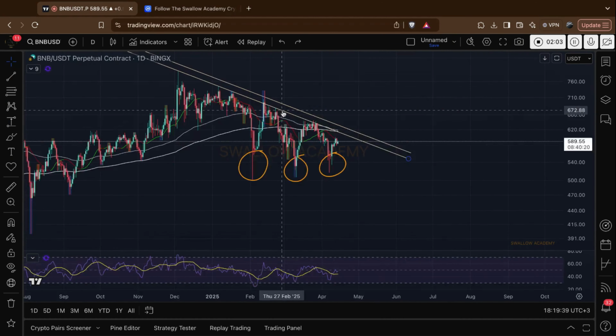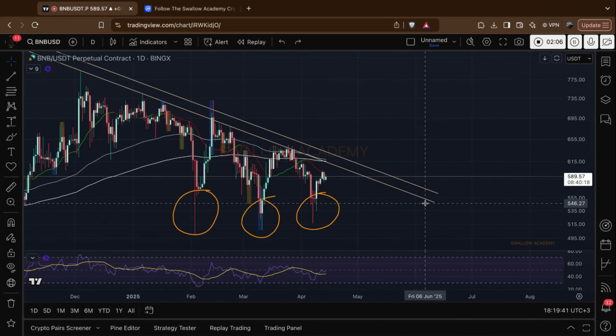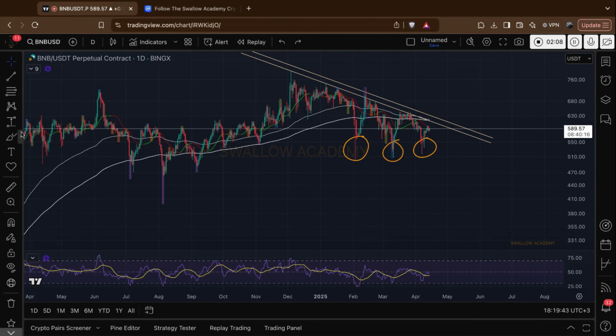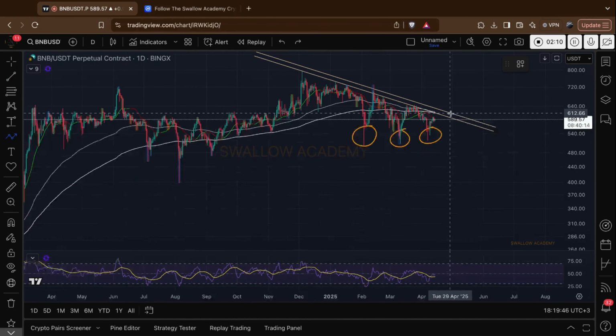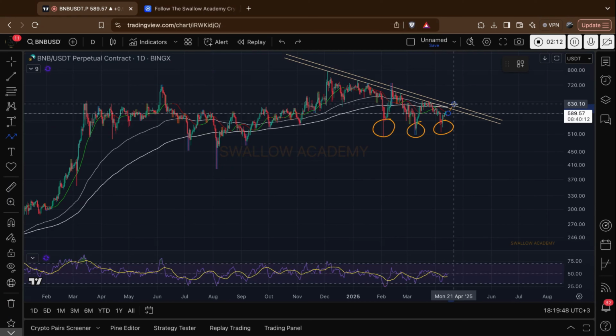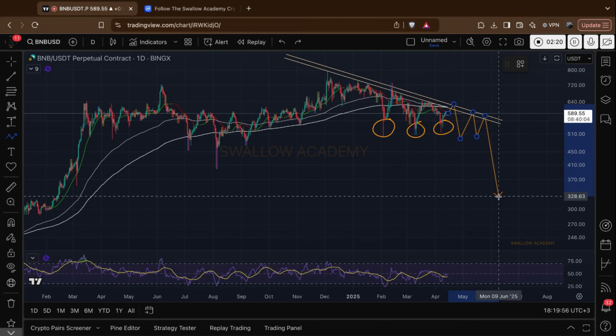Purely looking here, what we want to see is a further bounce in between the zones, maybe forming another similar liquidity move, and eventually a movement to at least, let me put this here.